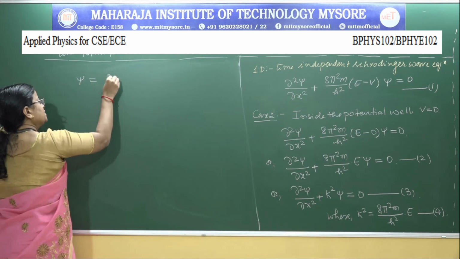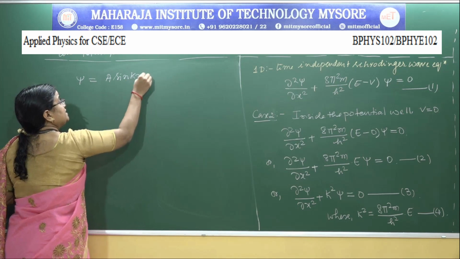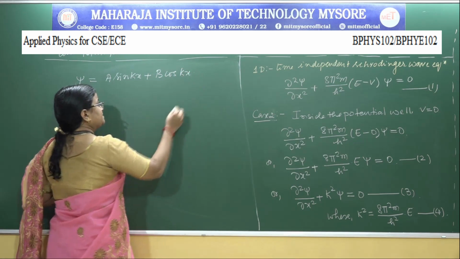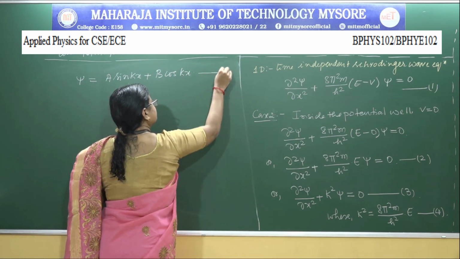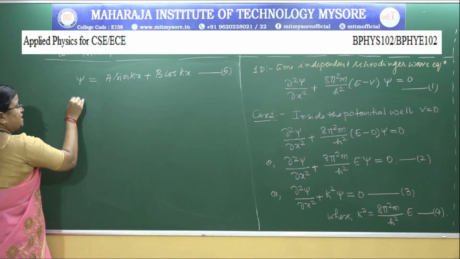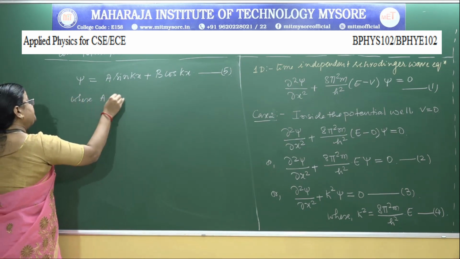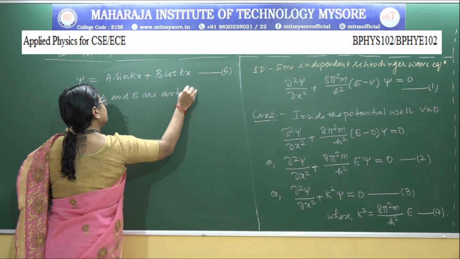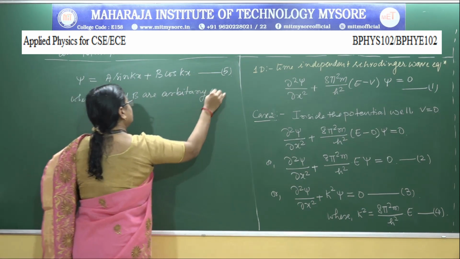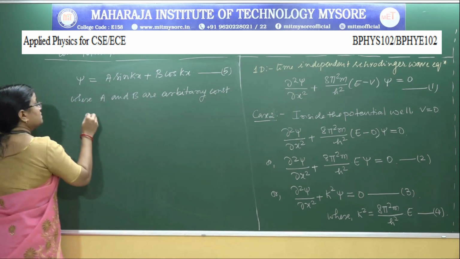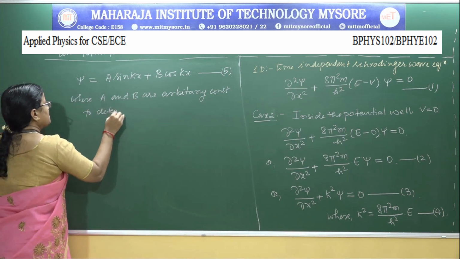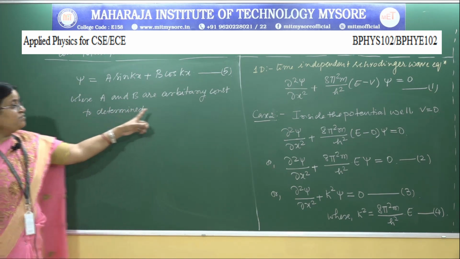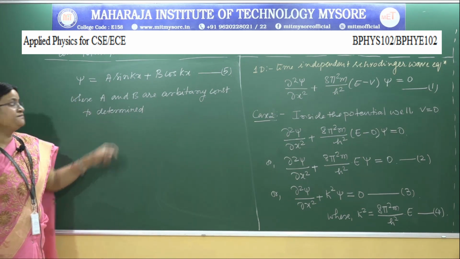ψ = A sin kx + B cos kx, where A and B are arbitrary constants to be determined.